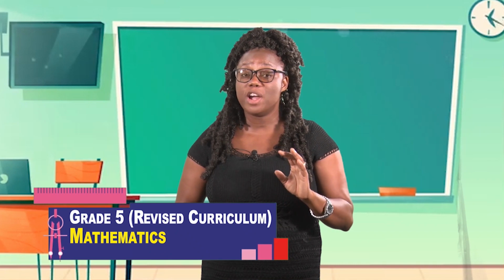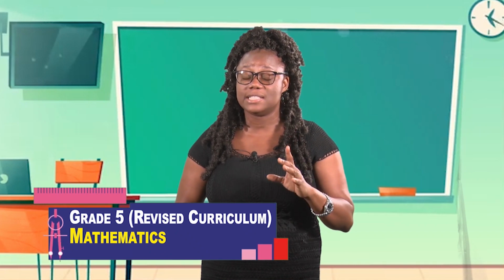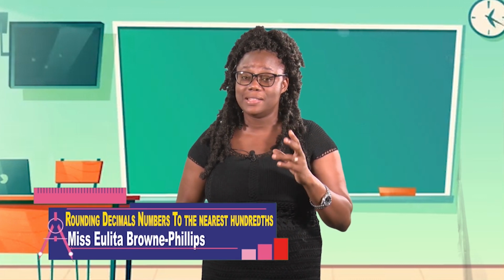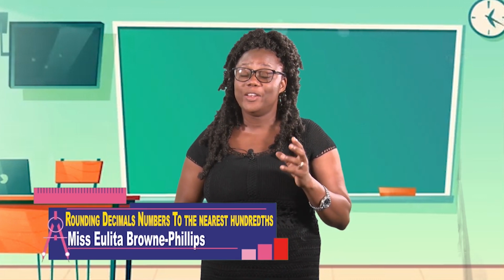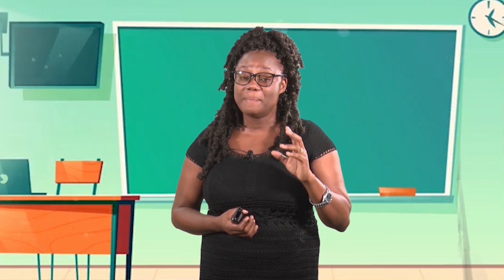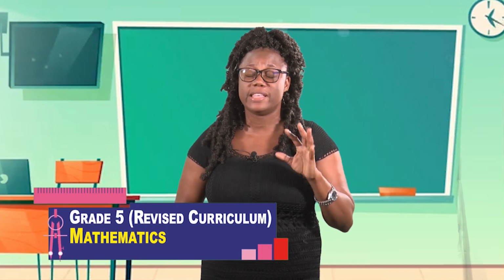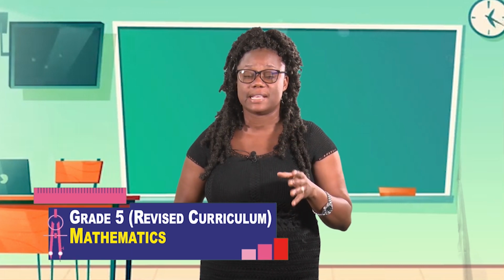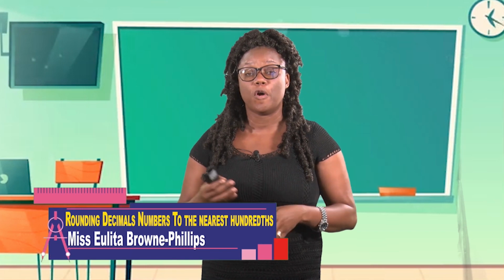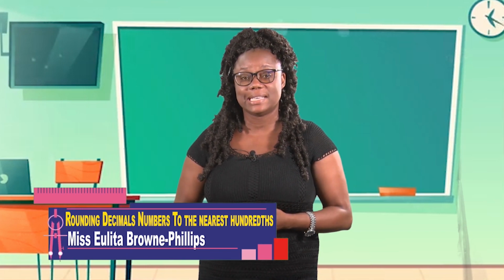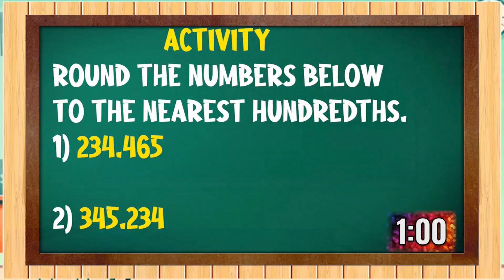Remember, when rounding to the nearest hundredths, you identify the value that is in the hundredths place and you identify the number that is hitting on the back door, which would be the thousandths place. That number will tell you if you will add 1 or write the decimal as it is. Take a minute and get this done, boys and girls.